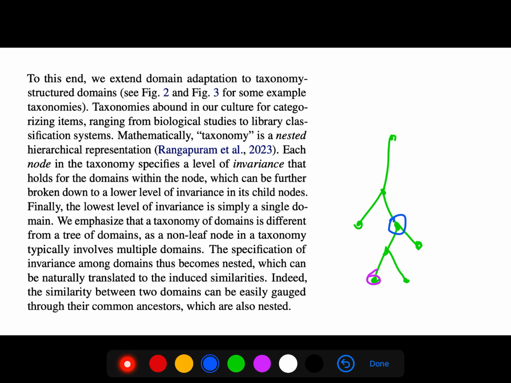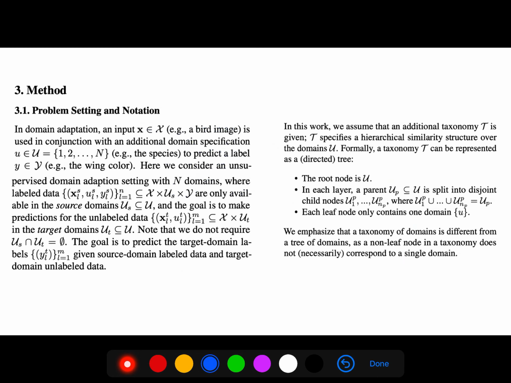The specification of invariance among domains thus becomes nested, which can be naturally translated to the induced similarities. Indeed, the similarity between the two domains can be easily gauged through their common ancestors, which are also nested.